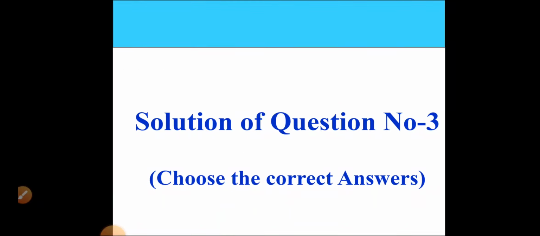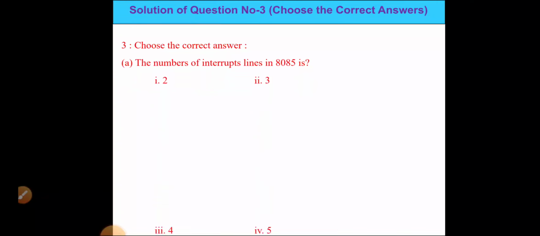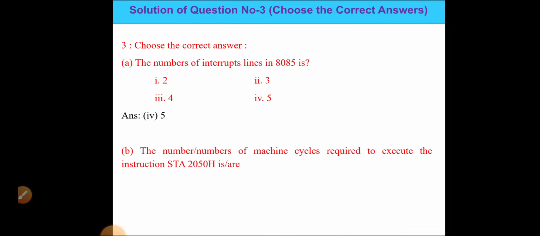So next is question number 3. Choose the correct answer from the multiple choice questions. The number of interrupt lines in 8085 is 2, 3, 4, 5. Just a few lines ago we saw that there are 5 interrupt lines in the 8085 microprocessor.